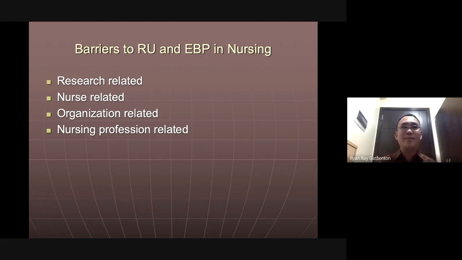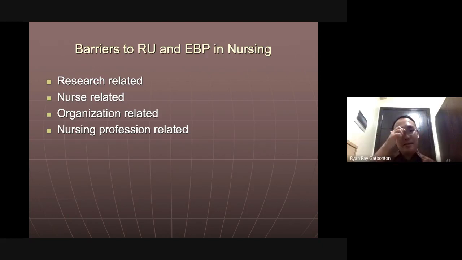Kahit ilang beses mo pang sabihin sa kanya na may EINC na, iba na dapat yung ganito, etc., etc. That's a nurse-related barrier in using research findings to improve delivery of babies.